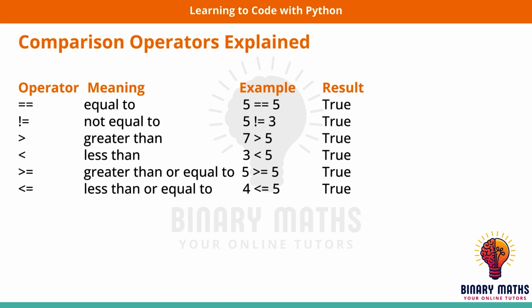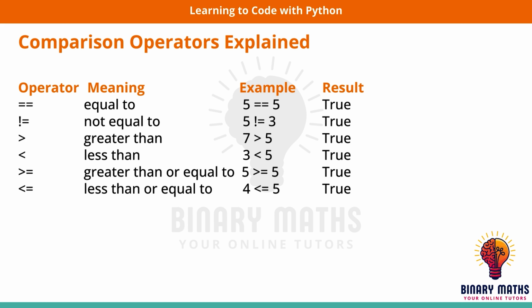The greater than symbol checks if the first value is greater than the second. For example, 7 is greater than 5, which is true. The less than symbol checks if the first value is less than the second. For example, 3 is less than 5, and that's true. The greater than followed by the equal sign checks if the first value is greater than or equal to the second.